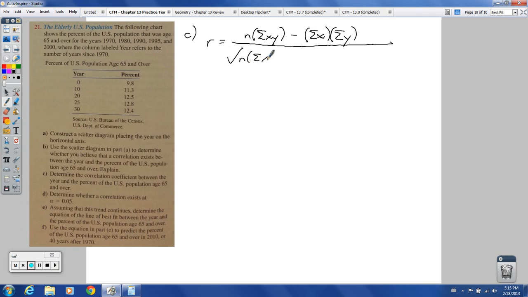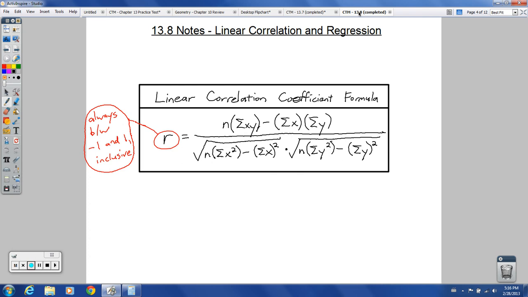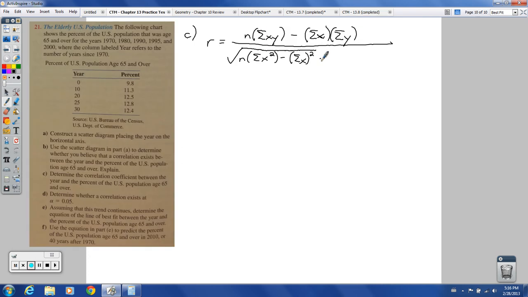Let's see if I got this. I'm going to do this without looking. n times the sum of x squared minus the sum of the x pieces squared, and then the other one, if I remember right, looks exactly the same as that with y's instead of x's. Am I right? Yes, I am. I got it. Okay, so I got that part at least.